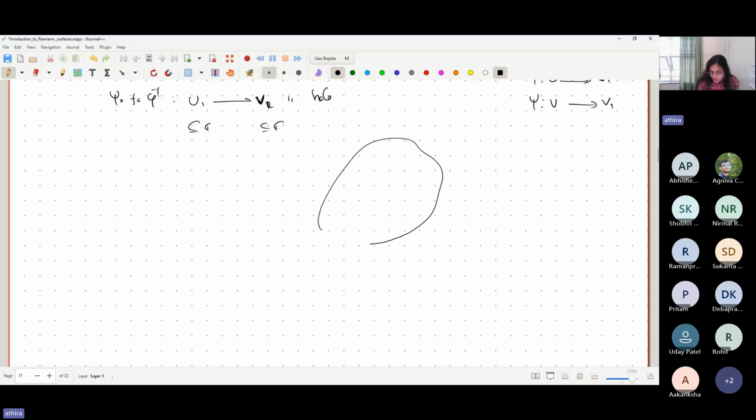Suppose this is X and this is Y, and I'm taking an open subset U here and an open subset V there.